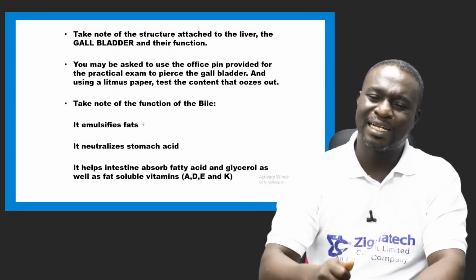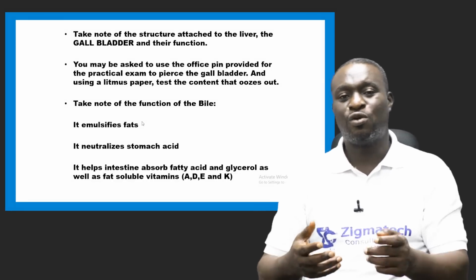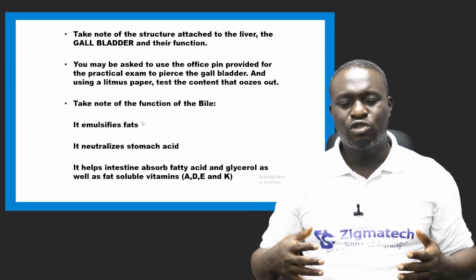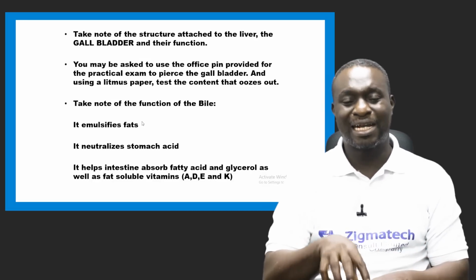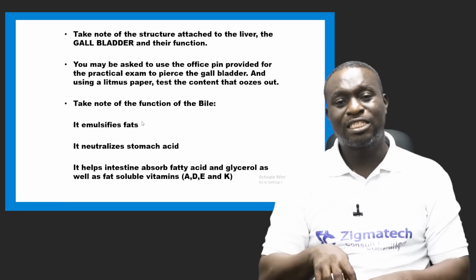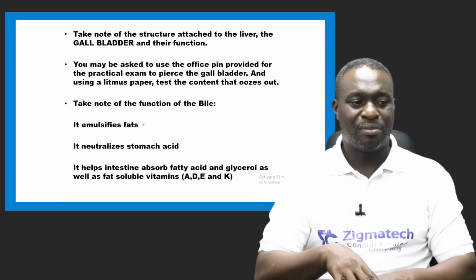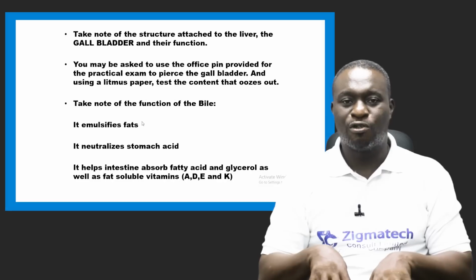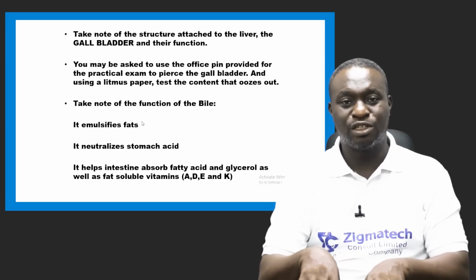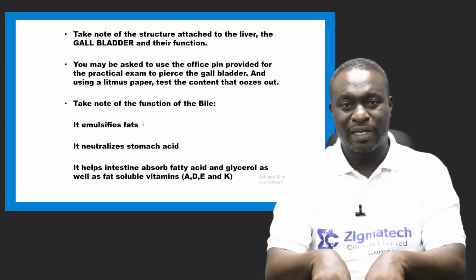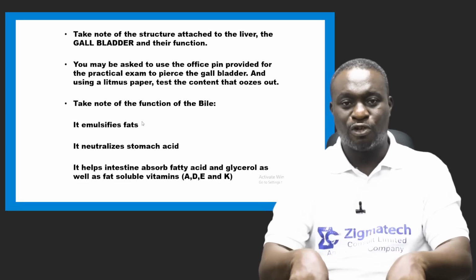And that is why, during digestion, when the food gets into the stomach, hydrochloric acid acts on it. The hydrochloric acid also provides an environment in which pepsin and renin, which are enzymes in the stomach, act.